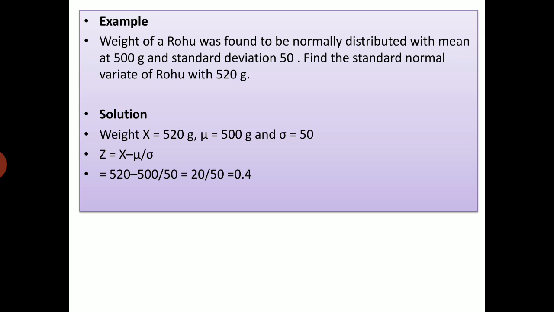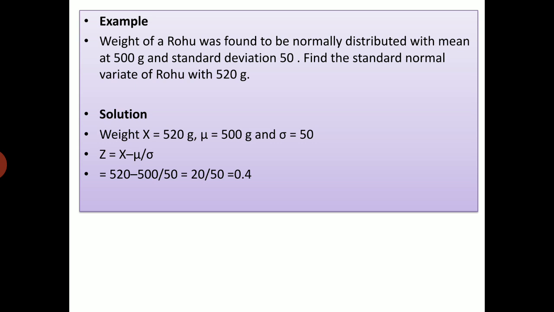Some fishes are 550 grams, some are 520 grams, some are 450 grams. So the standard deviation is 50. Find the standard normal variate of rohu with 520 grams. If you use this formula, you can understand how many rohus will be around 520 grams. It's a probability.